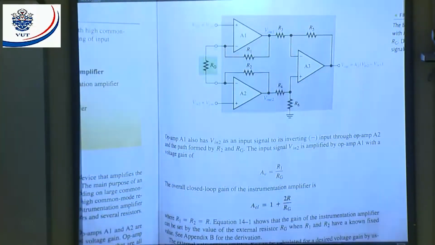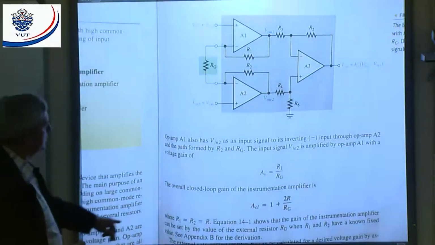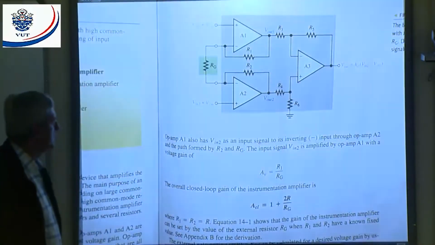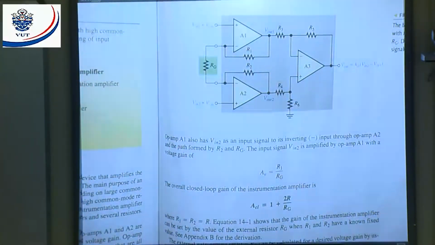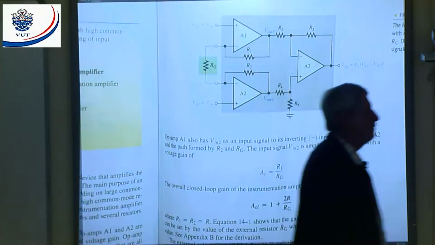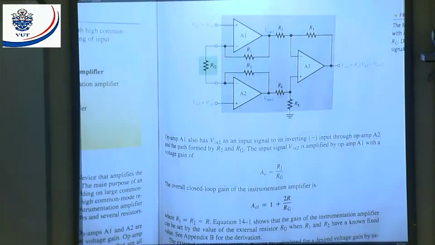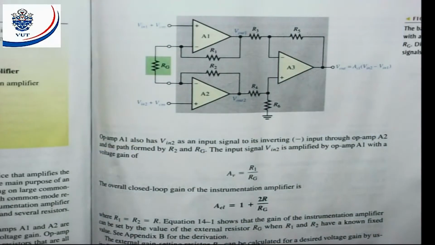The overall closed loop gain of the instrumentation amplifier is 1 plus 2R divided by RG, where R1 equals R2 equals R. Equation 14.1 shows that the gain of the instrumentation amplifier can be set by the value of the external resistor RG when R1 and R2 are known fixed values. See Appendix B for the derivation. You don't have to worry about the derivation. We will just look at the final gain.